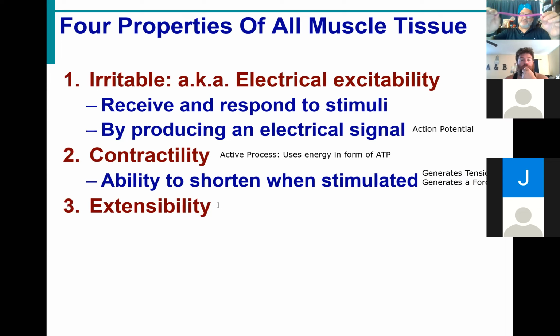Now, are there limits to how far I can stretch it without damaging it? Yeah, absolutely. But here's the other key as well. If I just sit this on the counter and watch it, is it ever going to stretch out on its own? No. And that's the key. Extensibility is actually a passive process of muscle tissue. It does not use ATP.